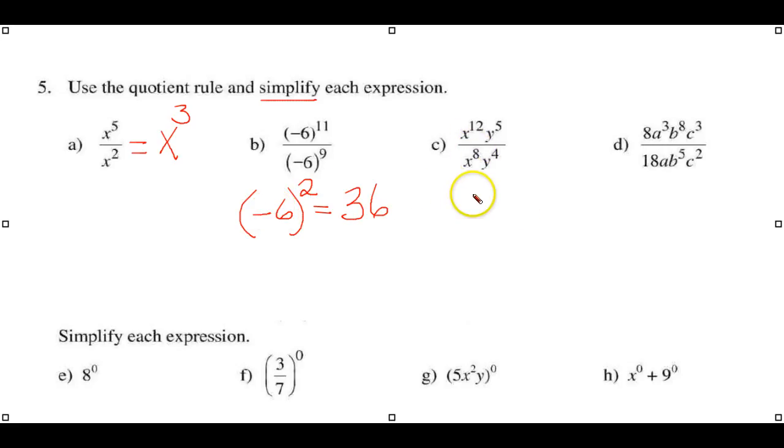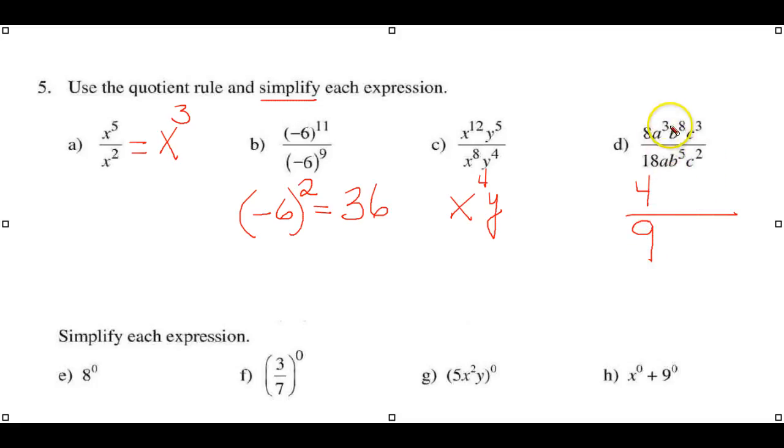So here we have x subtracting to the 4th and a y to the 1st. We don't write the 1. Now here we can take a 2 out of the top, and that would be 4. A 2 out of the 18 and get a 9.